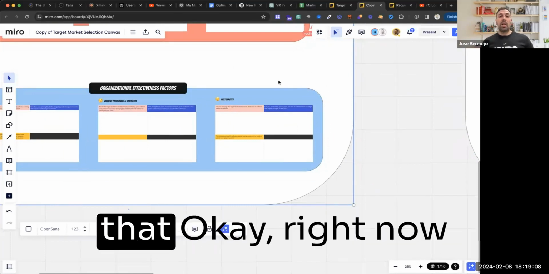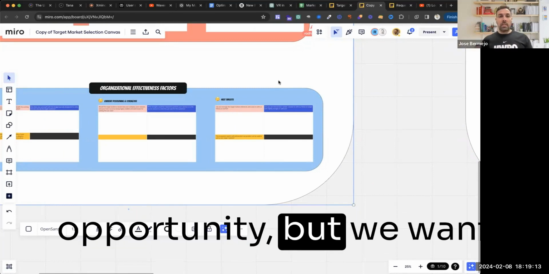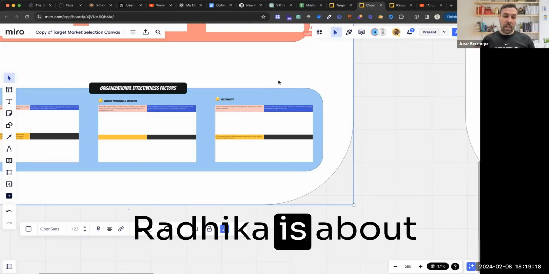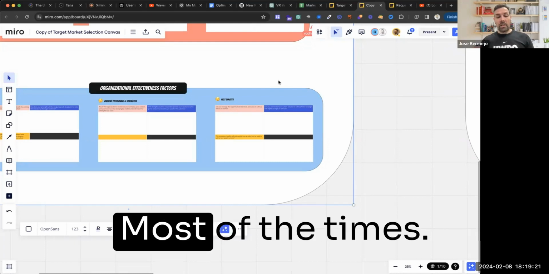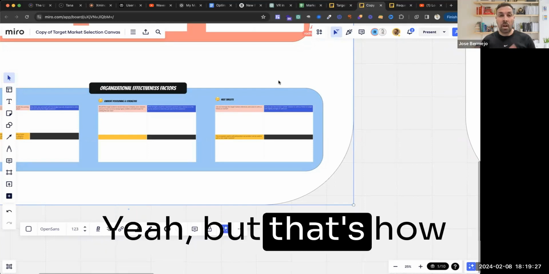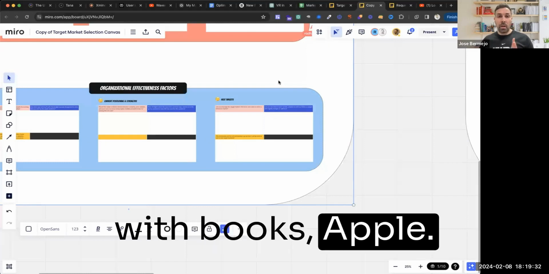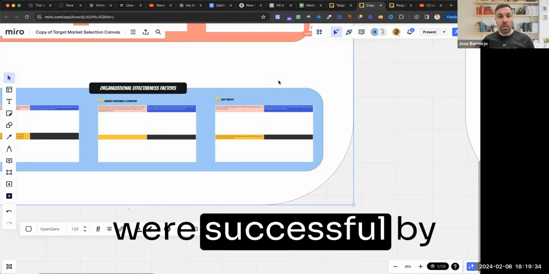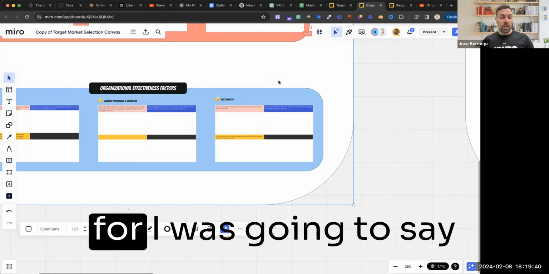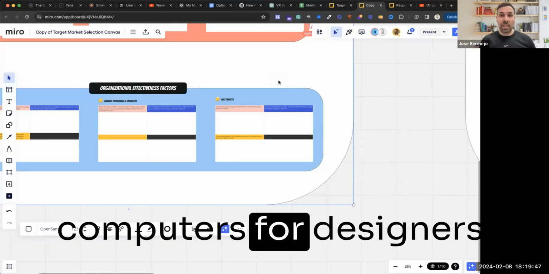Next target means that, okay, right now we're looking at one opportunity, but we want to expand, and this is related to your question of yesterday, Radhika, about the market size. Most of the time, founders and leaders are going to tell us, hey, the market is very small. Yeah, but that's how you win a market, starting small. Amazon started with books. Apple wanted to do a lot of things, but they were successful by truly marketing and winning the market for, I was going to say laptops, but they are not laptops, desktop computers for designers.